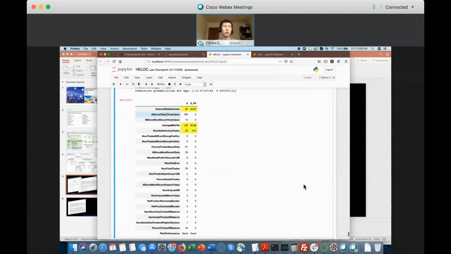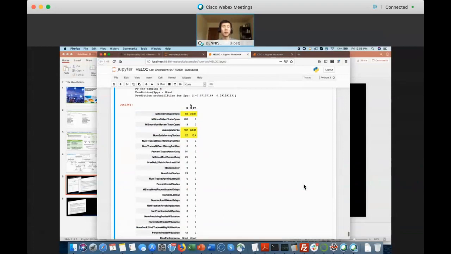And this table explains what I mean by pertinent positives. Right? So these are the minimum values that this applicant would have to retain to continue to be classified as good. As you can see, their external risk estimate in this case could decrease by a lot. Surprisingly, a surprising amount, I have to say. Their average months in file could also decrease. Their number of satisfactory trades could also decrease.